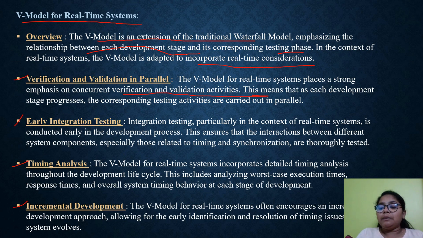Here the time consumed is less because verification and validation go on parallelly. This means that as each development stage progresses, the corresponding testing activities are carried out parallelly. Once a stage is developed, the testing of the developed stage is carried out.